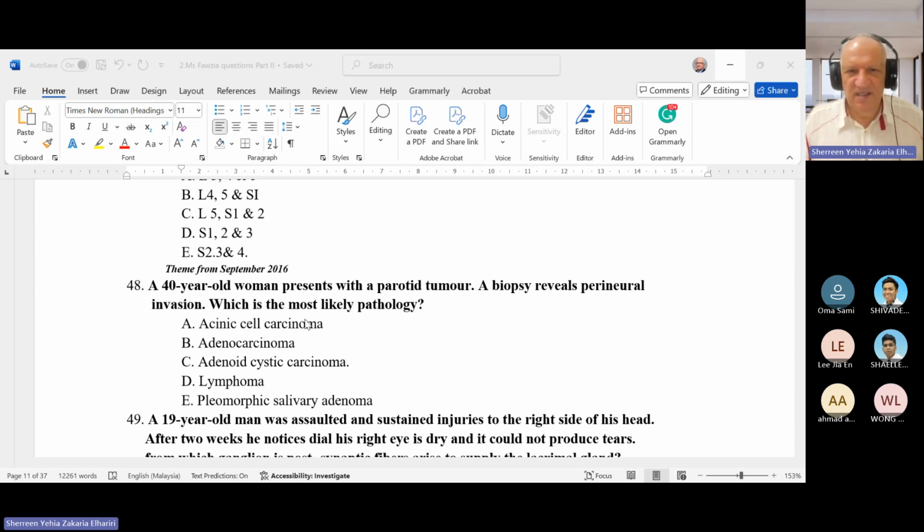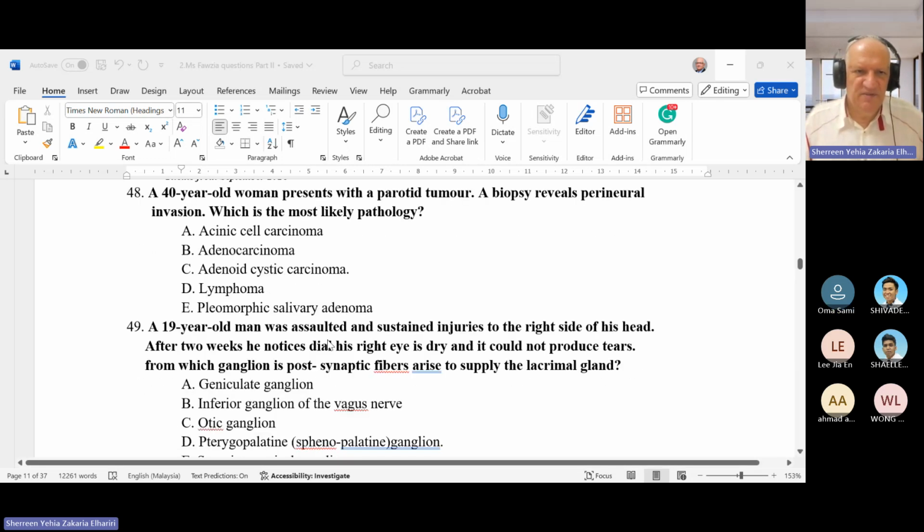Usually, any cancer in the parotid can invade the facial nerve, but the commonest cancer characterized by perineural invasion is only one of them. Which one? Anyone have an answer? Adenoid cystic carcinoma. Yeah, adenoid cystic carcinoma is characterized by perineural invasion. Of course, if we don't mention adenoid cystic carcinoma, any parotid cancer can cause invasion of the facial nerve.